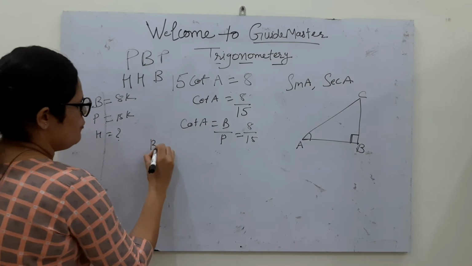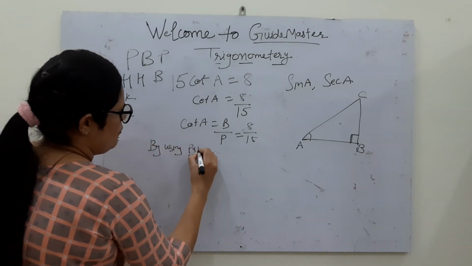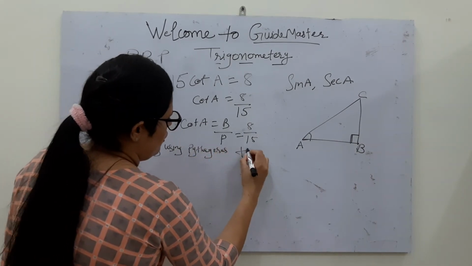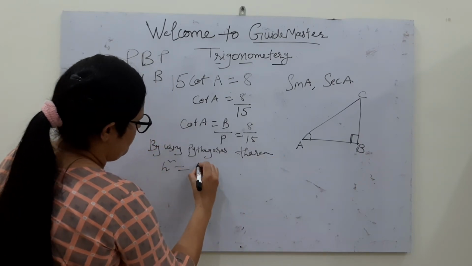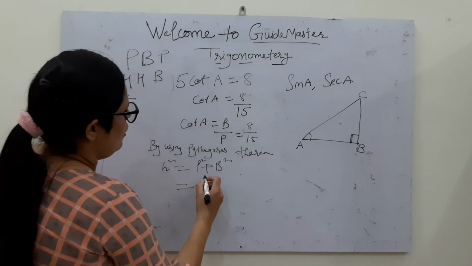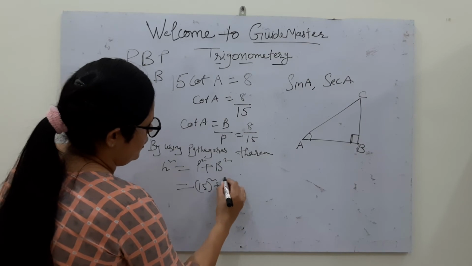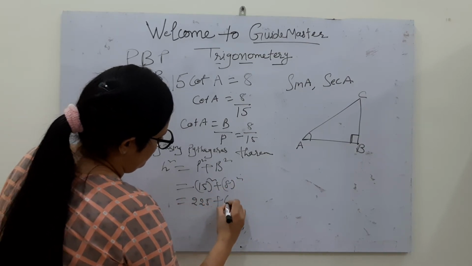So by using Pythagoras theorem, H square is equal to P square plus B square. That comes 15 square plus 8 square, that is 225 plus 64.